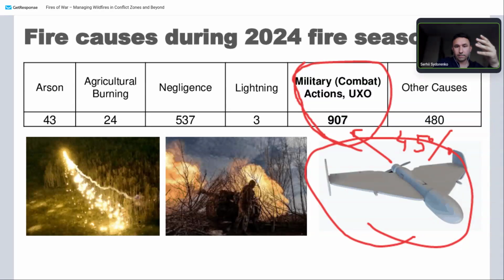Each time they launch a lot of them, sometimes hundreds, and when our military hits them down in the morning, we usually have a lot of fires, forest fires or landscape fires, on the whole territory of Ukraine.